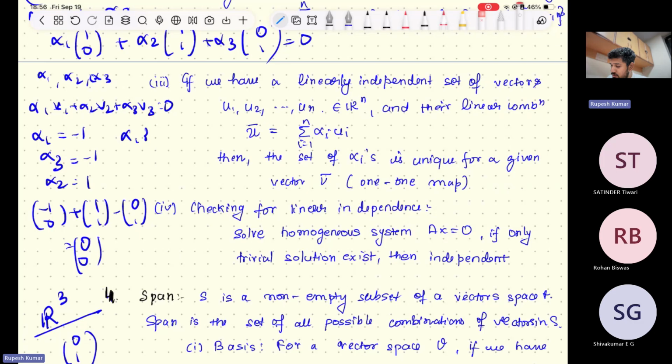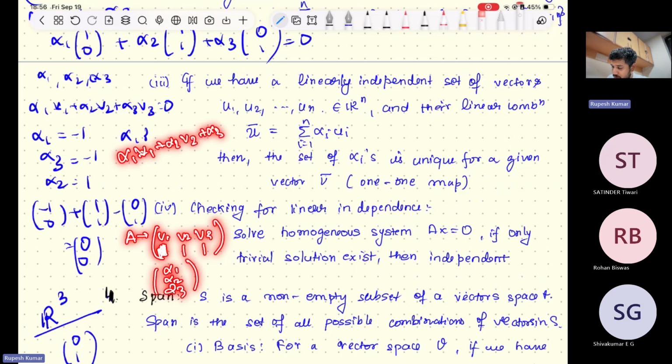Let's say we had three vectors v1, v2, and v3, and scalars alpha 1, alpha 2, alpha 3, and I want to check if these three vectors are linearly independent or not. You say alpha 1 v1 plus alpha 2 v2 plus alpha 3 v3 equals 0 if and only if alpha 1 equals alpha 2 equals alpha 3 equals 0, right?